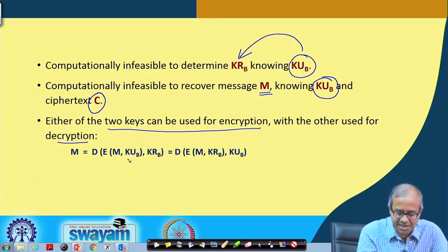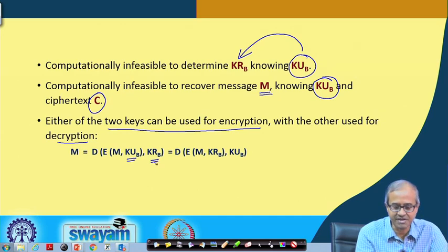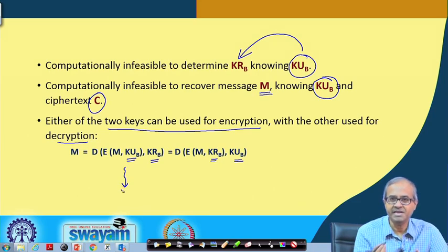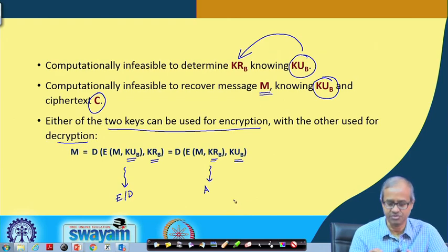So, either you can encrypt using the public key and decrypt using the private key, or you can encrypt using the private key and decrypt using the public key. But as I said, the first mechanism is used mostly for encryption and decryption, and the second mechanism is used mostly for authentication. Okay? This we have already discussed.